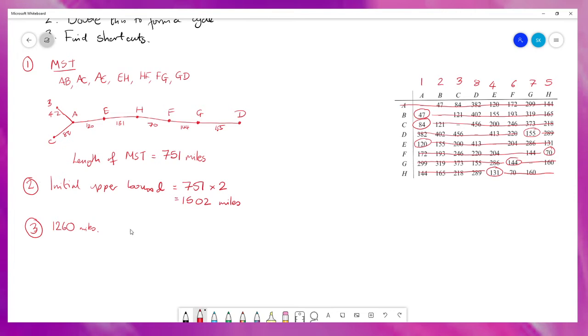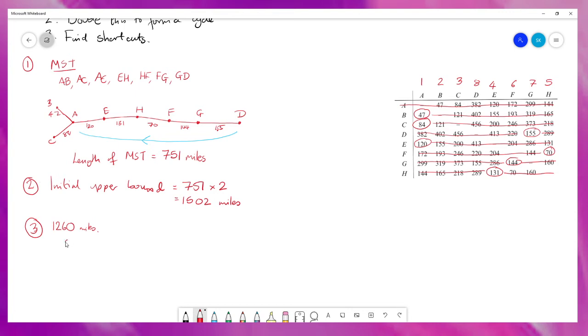They might give you a different number, that's fine. So, what we can do is look at our diagram and figure out: we've gone all the way from A to D and then back again along every single arc. One shortcut we could use is to go straight back from A to D. If we go from A to D, that's going to remove this amount from our initial upper bound.